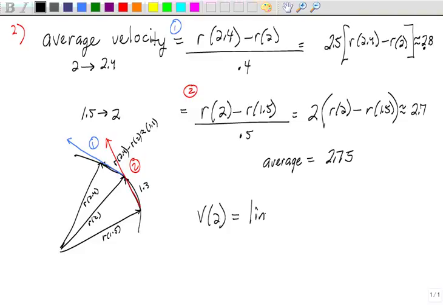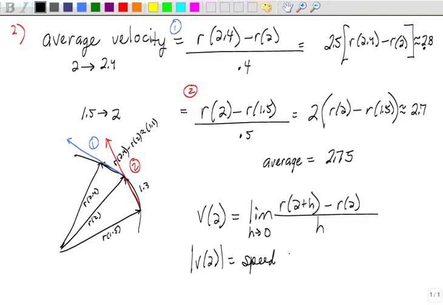And v of 2 is the limit as h goes to 0 of r of 2 plus h minus r of 2 over h. And the magnitude of that is the speed at t equal 2. And we're going to say that's about 2.75. So we'll do that in green.